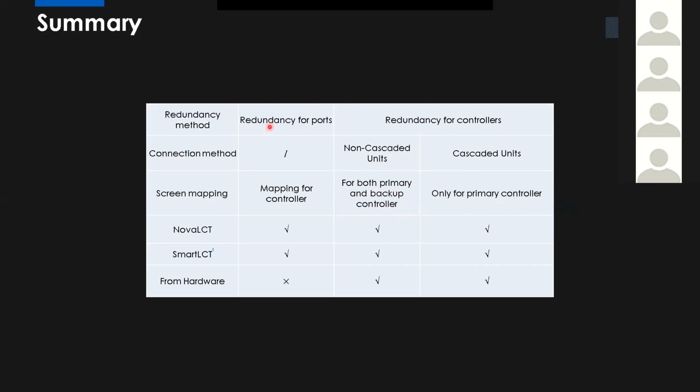And both structures can be used from the Nova LCT and the Smart LCT to make the redundancy settings. And for the hardware redundancy settings, because we need at least 2 controllers, only the controller redundancy backup can be used. Okay.